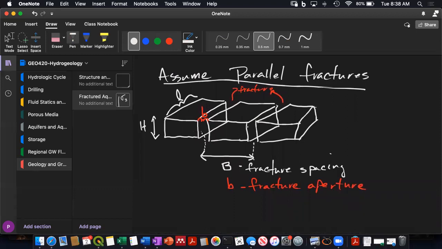So what can you guys think of what the volume of one half of this fracture is? So let's say this side over here, right? It's going to be a cube that runs back like this. What's the volume of that cube or rectangle?